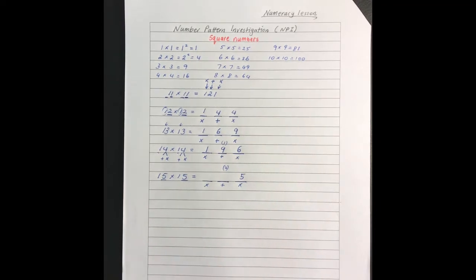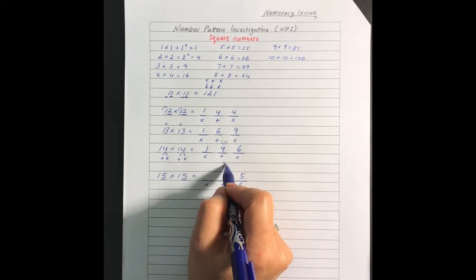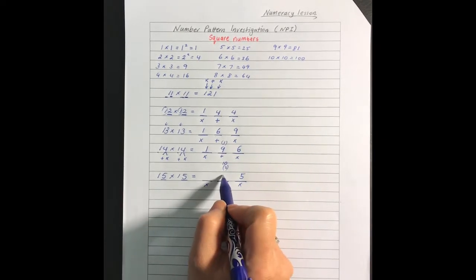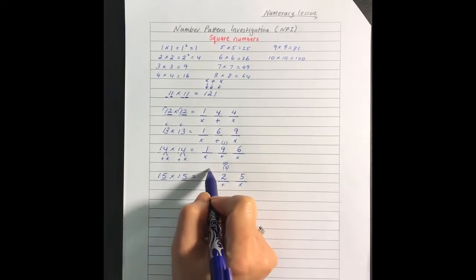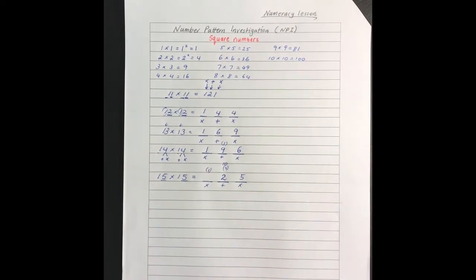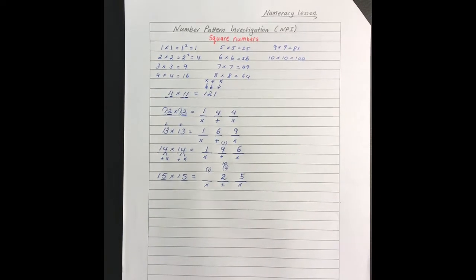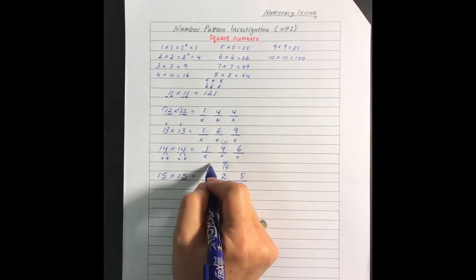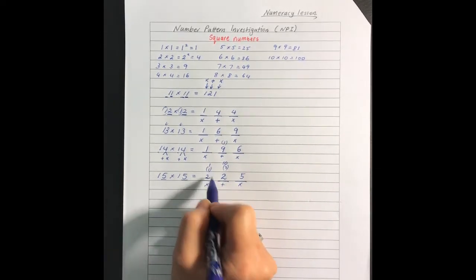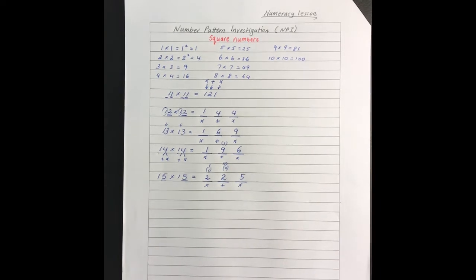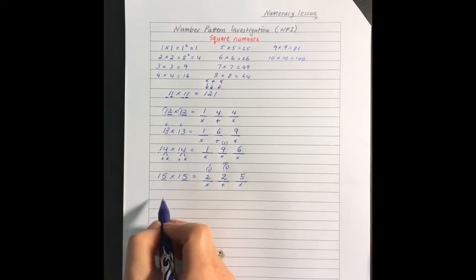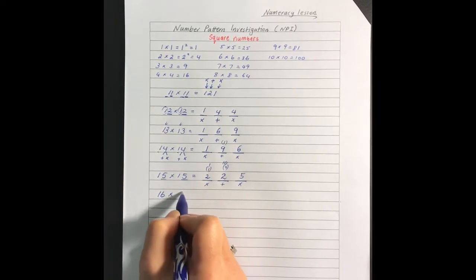And then I'm going to add them. 5 plus 5 is 10. I'm going to add that to 2. It'll be 12. So 2 down, 1 still up there. And then I'm going to the tens place. 1 times 1 is 1, so I'm going to add it on to that. It'll be 225.